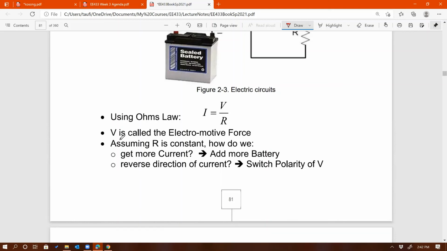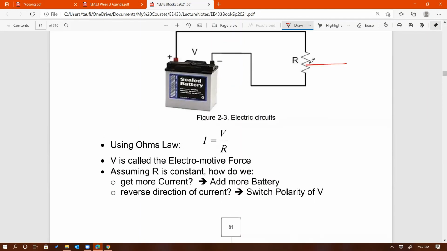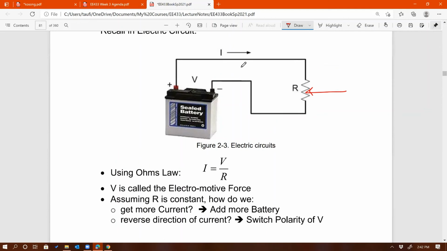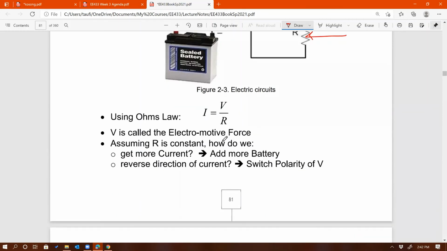Assuming R is constant, how do you get more current? You can increase the voltage. How do you increase the voltage? Well, you can put more batteries in series, for example, and you get more current that way. So you increase the voltage.